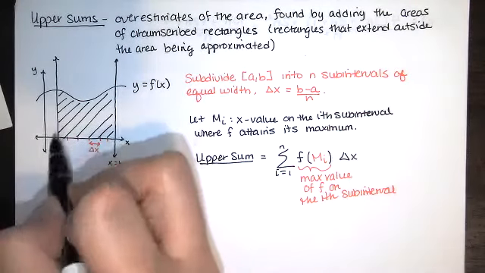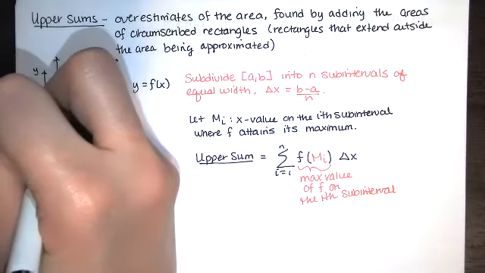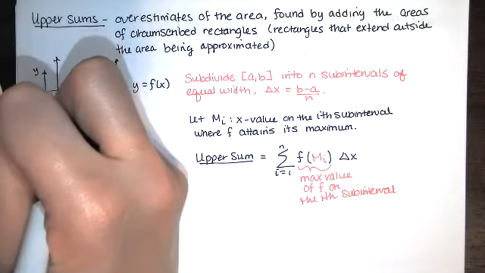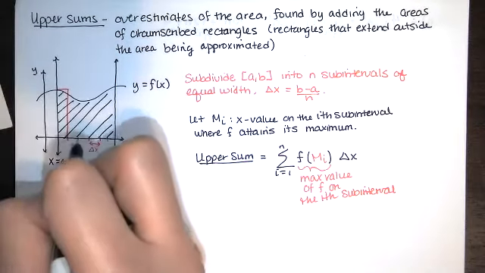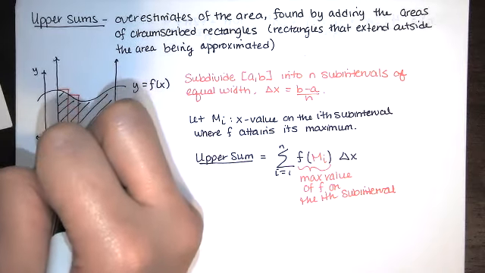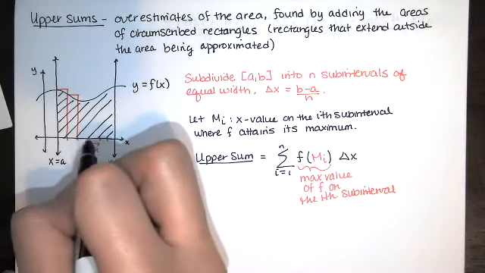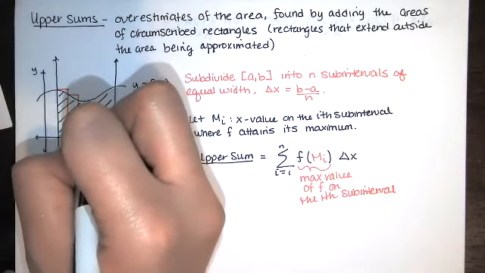So I go to this subinterval, and the maximum value on that first subinterval occurs on the left. So I'll make a rectangle like this. Over here on that next subinterval, the maximum occurs on the left, so I'll evaluate there and make that the height of my rectangle. On the next one, the maximum occurs on the right.